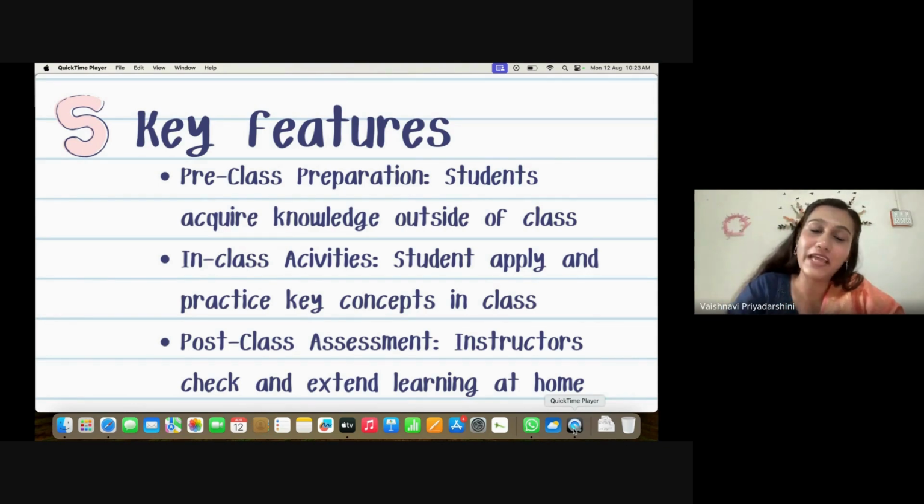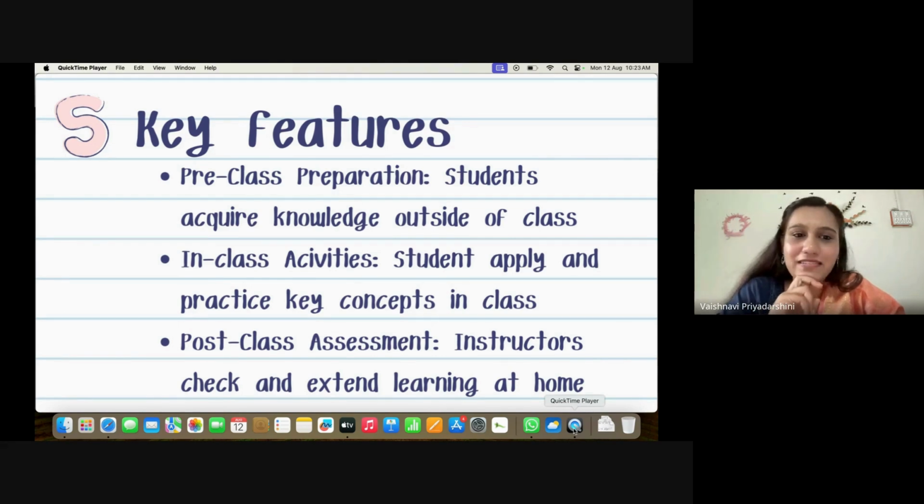By having pre-class preparation, we allow students to go through that whole topic on their own, to build their own opinions about it. And when a child does it, he is able to understand or relate things better in the classroom.